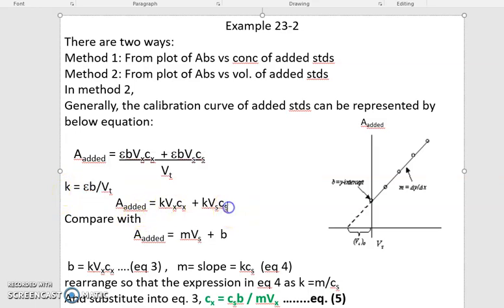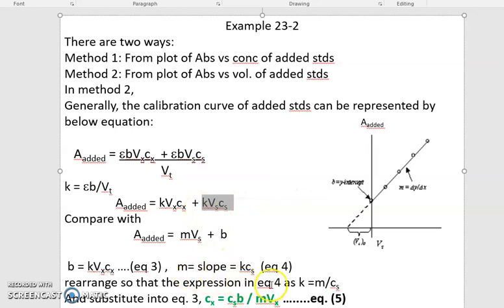So this is the new equation, and if you compare it with the expression y equals mx plus b, x in this case is the volume of standard and y is the absorbance. So a is y, and MVS refers to this expression.